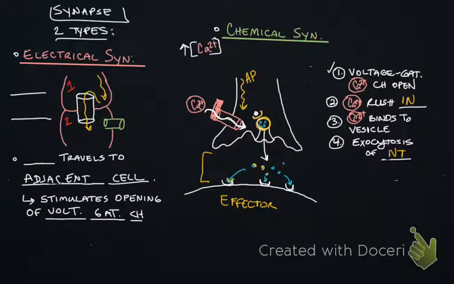But we also have another type, and that's called an electrical synapse. And these are super important, especially in your heart cells. So what this is, for example, is we'll have one cell and then an adjacent cell, another cell. And the action potential will travel from one cell to another cell through what's called a gap junction.